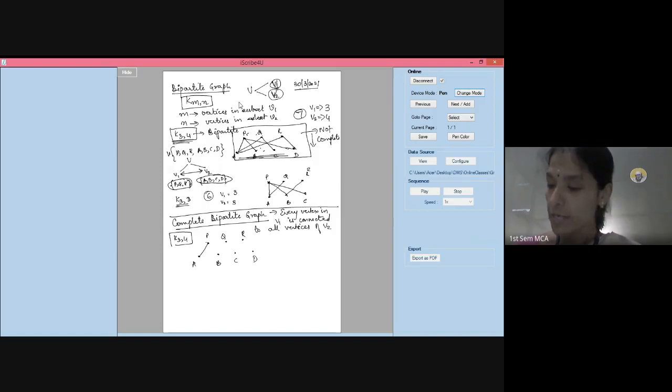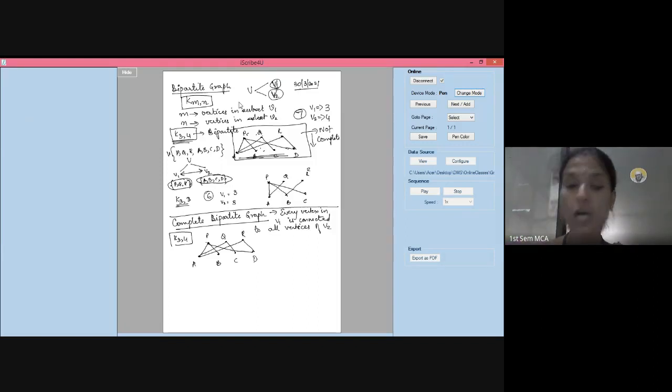I am redrawing whatever I have drawn above. So P to D I have taken, Q to A, Q to C, R to A, R to D. This is the graph that I have drawn above.